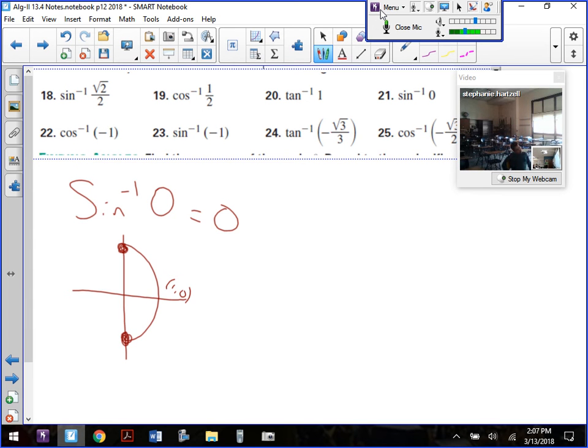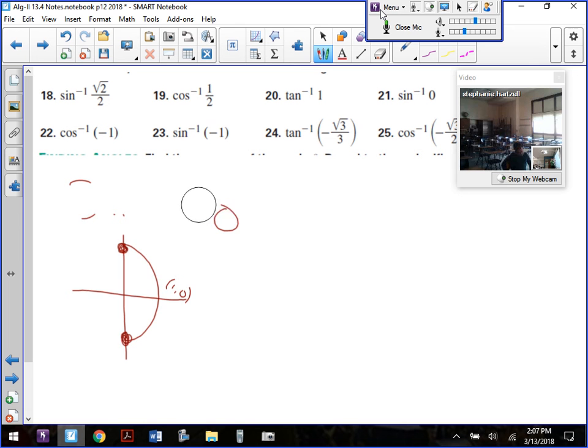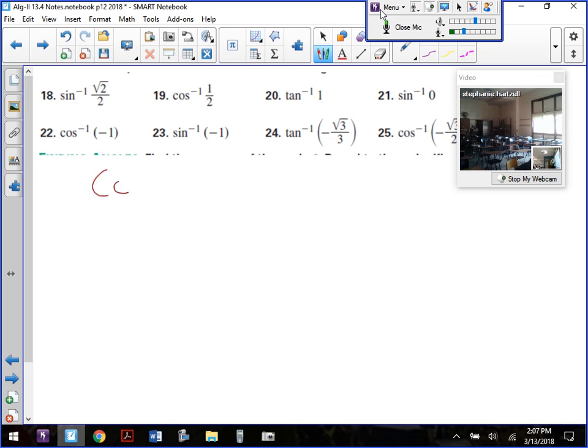Okay. 21, or that's 21, 22 is cosine at negative 1. When you have cosine at negative 1, what angle has a cosine of negative 1? Remember, cosine is found between 0 and pi.